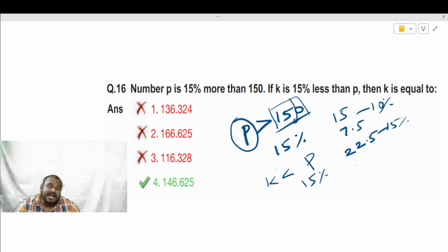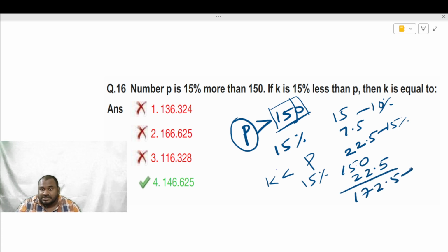So 22.5 should be added to 150. 150 plus 22.5 gives you 172.5. So this is nothing but 115% of 150.